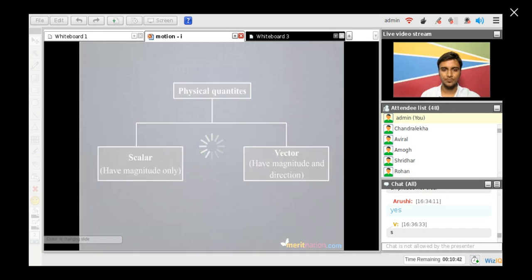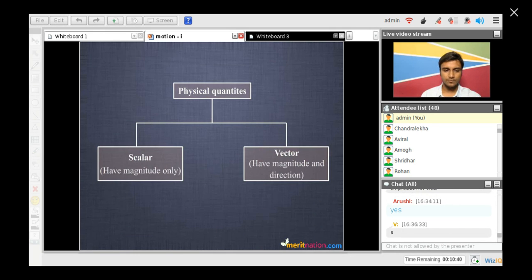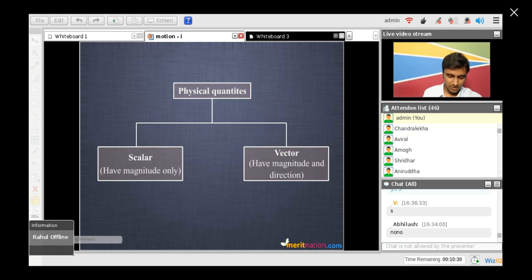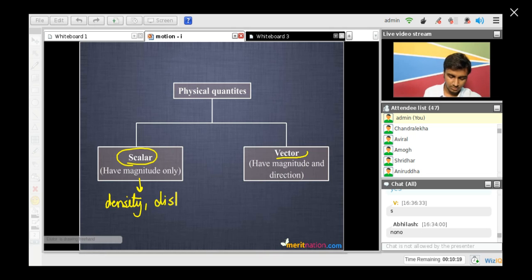So let's talk about physical quantities now. Physical quantities can be differentiated as vector or scalar. Scalar quantities are the quantities that have only magnitude, let's say density or distance.